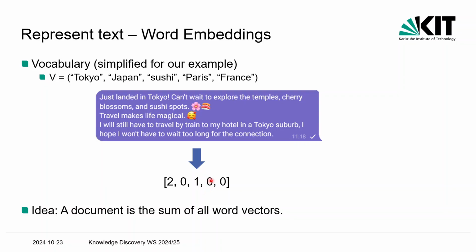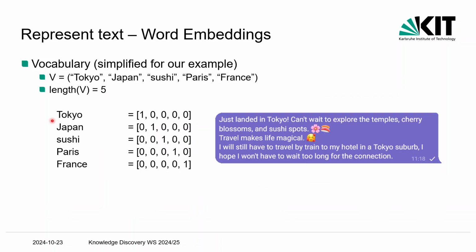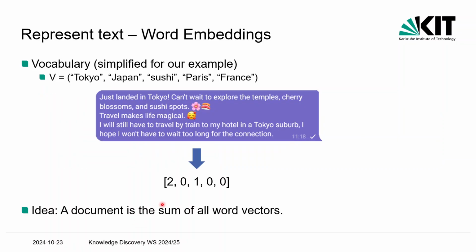The vector for Paris doesn't appear, and the vector for France doesn't appear either. So of the prior 5 embeddings, we just add Tokyo twice, sushi once, and so we end up with this kind of document embedding. Yay! Right. So we found a perfect solution, we're done.